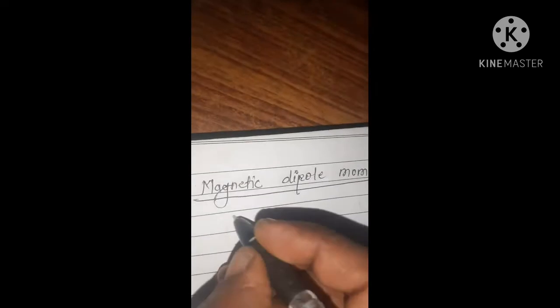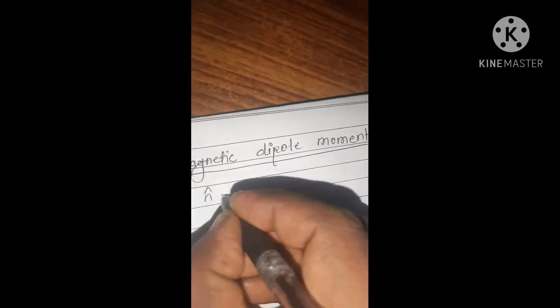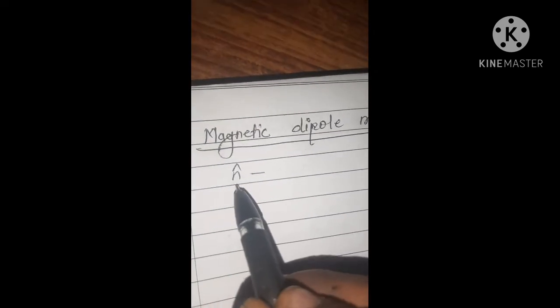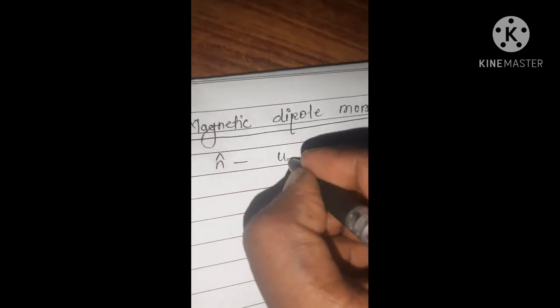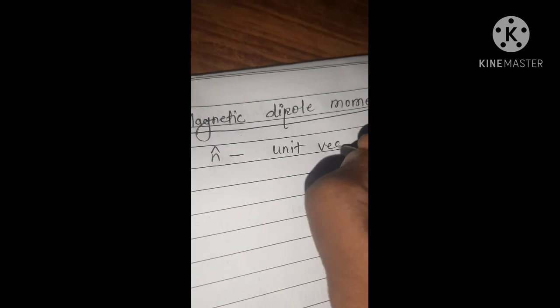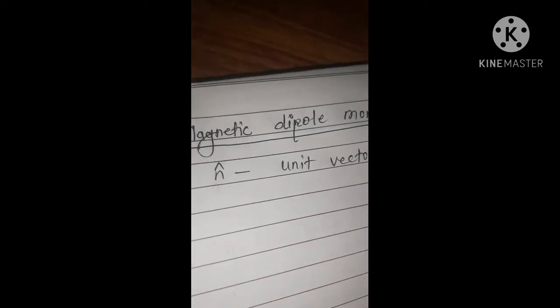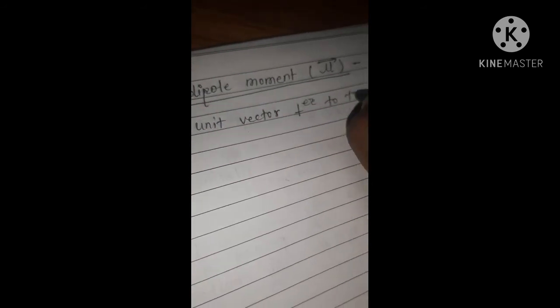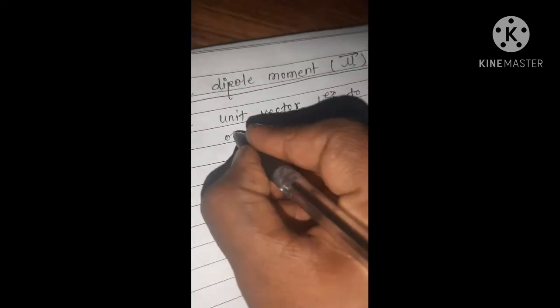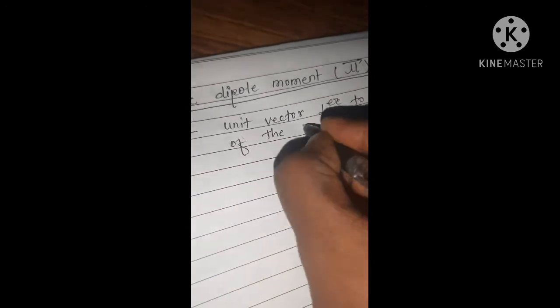If n be the unit vector perpendicular to the plane of the coil.